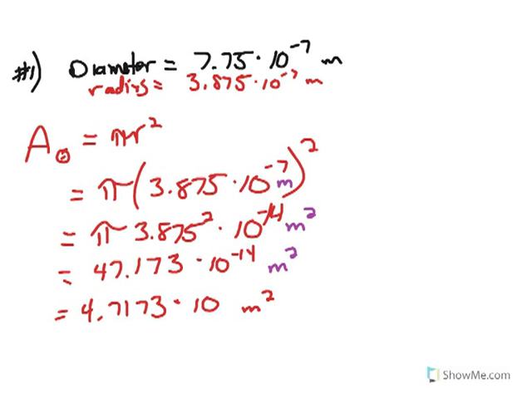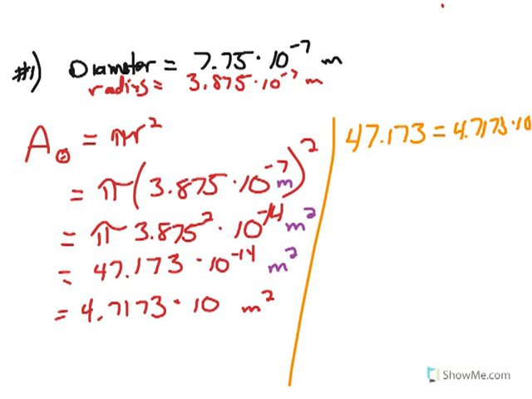10 to the what? Is it going to be negative 13 or is it going to be negative 15? Let's try to reason through what this is going to be. Hopefully you would agree that 47.173 is equivalent to 4.7173 times 10.